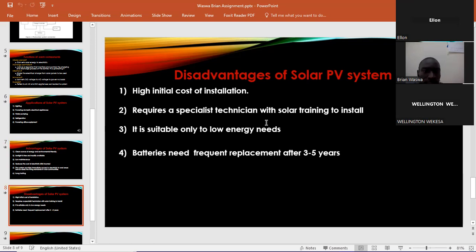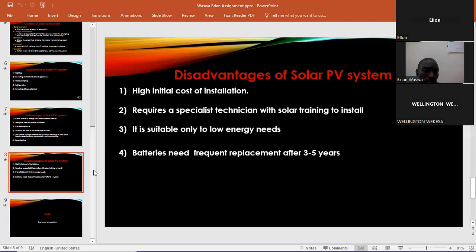Number 2, it requires a specialist, a technician with special training, to install the system. Number 3, it is suitable only for low energy needs. And number 4, the last one, the batteries need frequent replacement after 3 to 5 years.